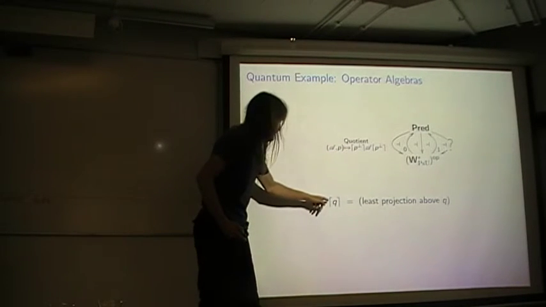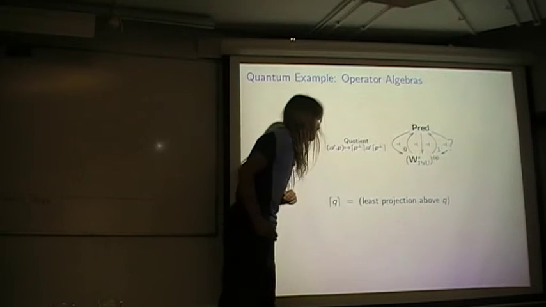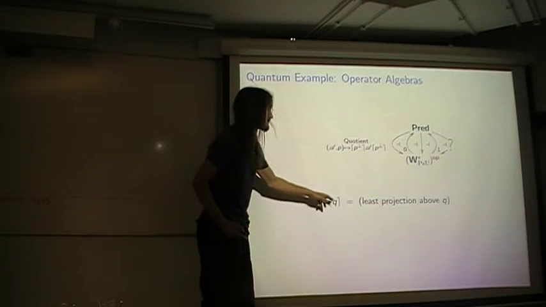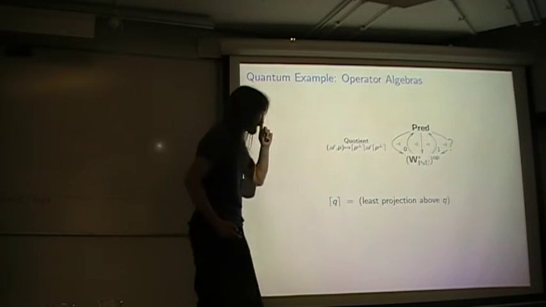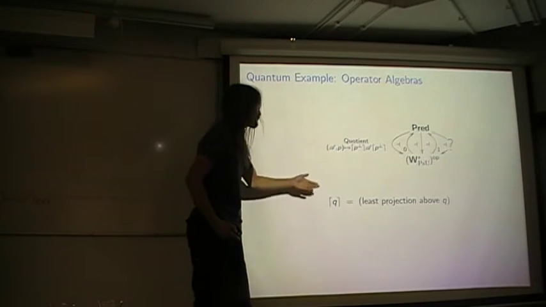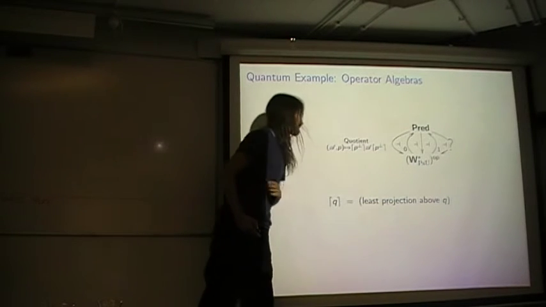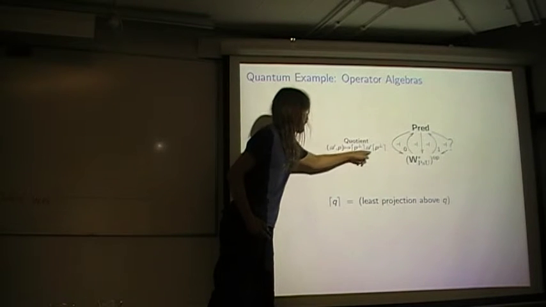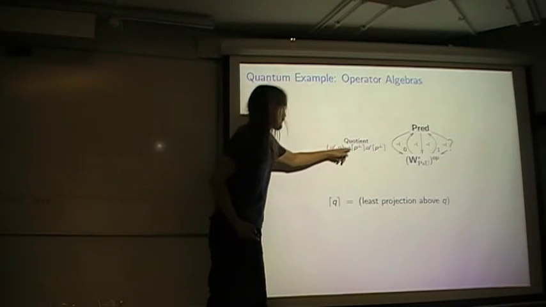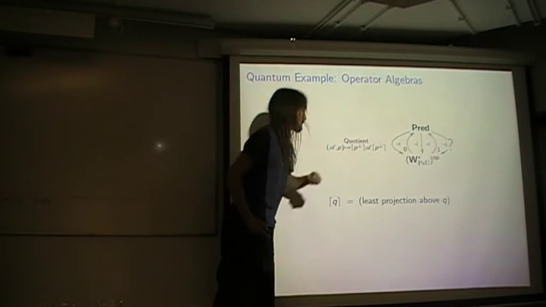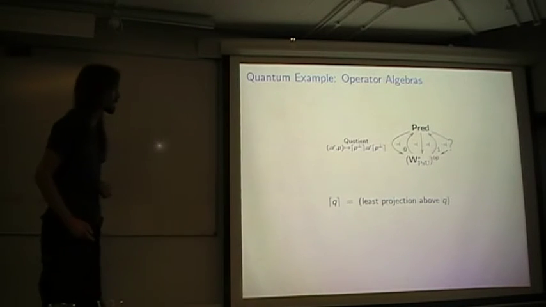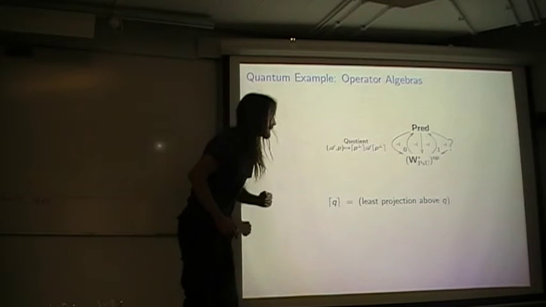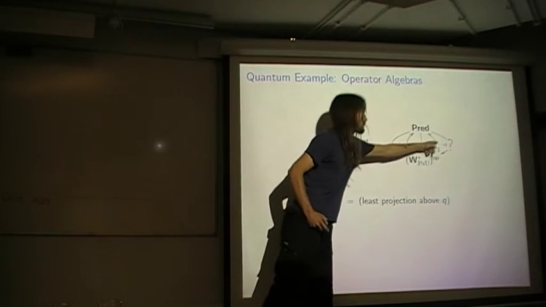The ceiling of Q is the least projection above Q. This does not necessarily exist in the C-star algebra. Here I use the fact that we are dealing with von Neumann algebras. This space consists of all the operators of the form ceiling P perp A ceiling P perp. But even now that we switch to von Neumann algebras, I still don't know whether this one is a right adjoint.